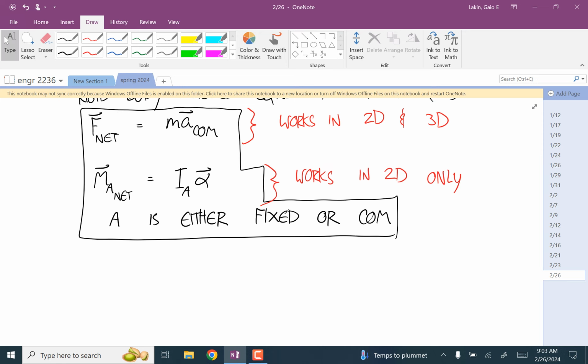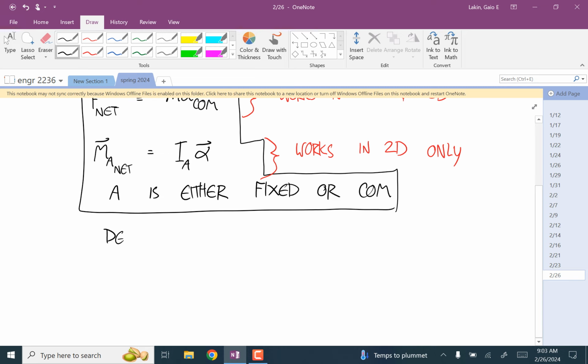So to come up with these equations, and we're going to be able to do problems by the end of today, we had to define three things. The first one was the center of mass. The second one was the mass moment of inertia.